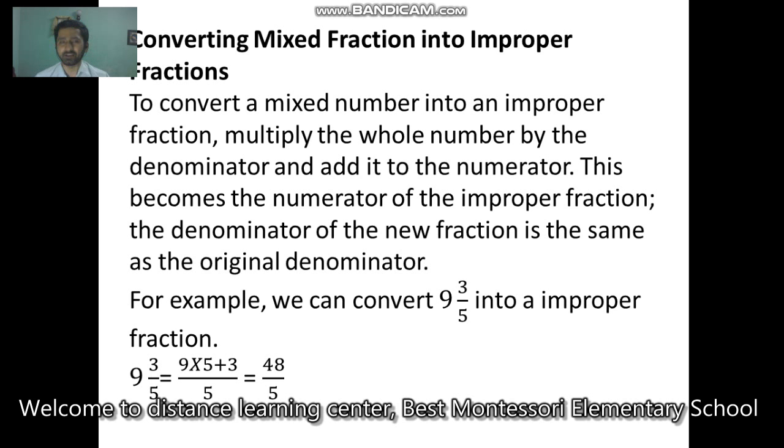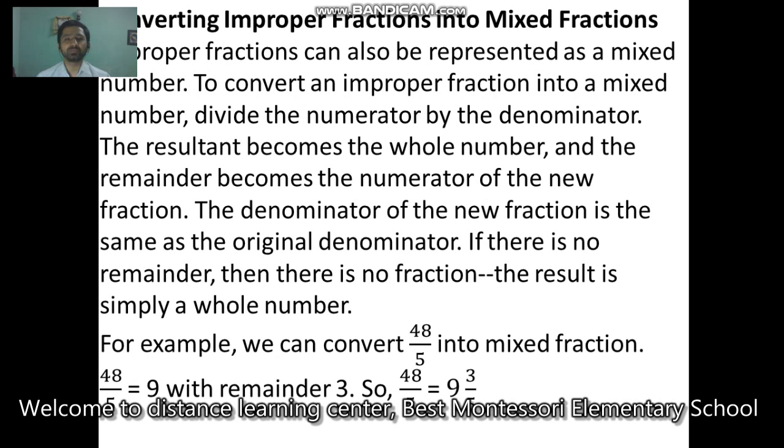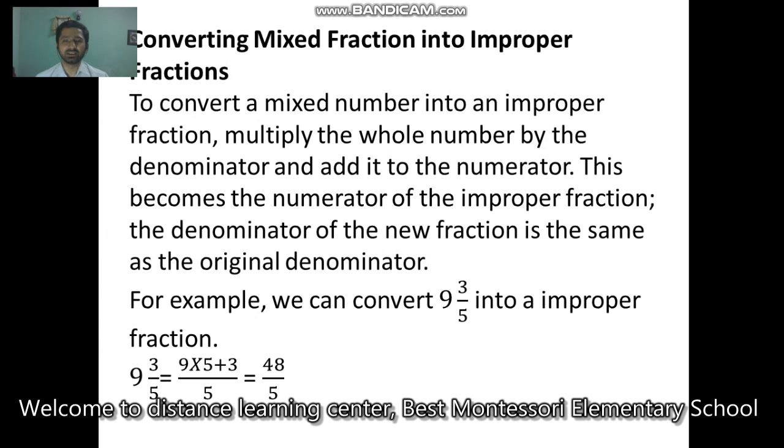So 48 by 5. If we compare these two, 48 by 5 is an improper fraction, converted into 9 whole 3 by 5, a mixed fraction. Like 9 whole 3 by 5 is a mixed fraction, converted into 48 by 5, which is an improper fraction.